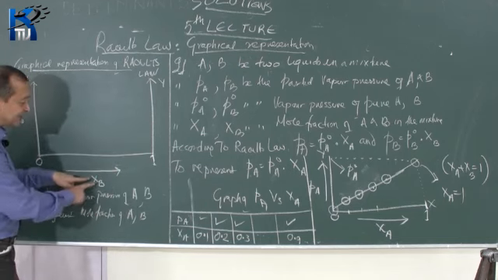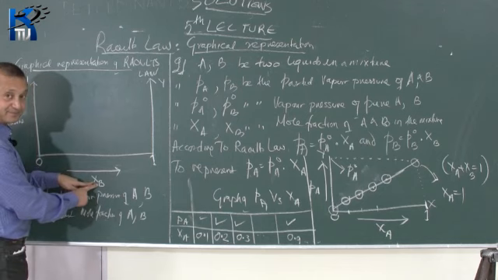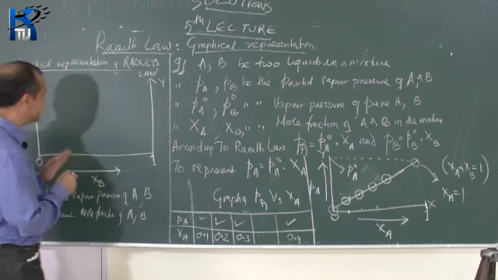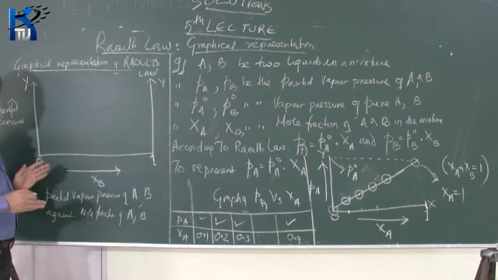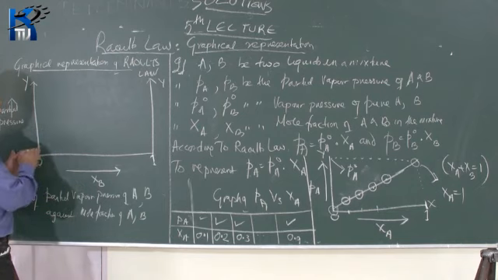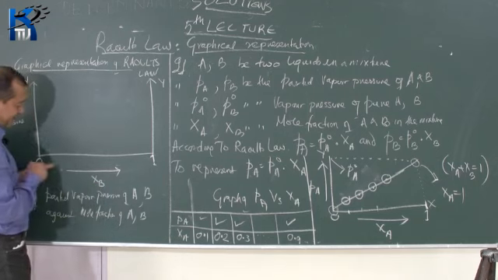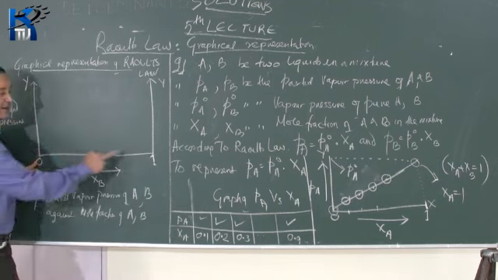If this is the mole fraction of B, then the mole fraction of A will be measured in reverse. See, this is XB. XB is 0 here, XB is 1 here.